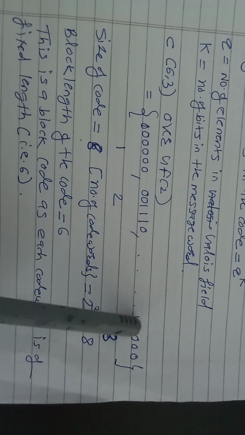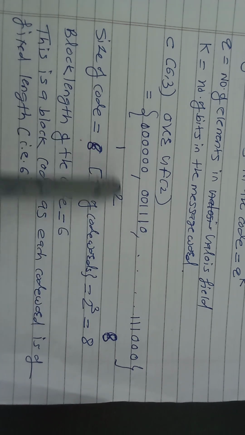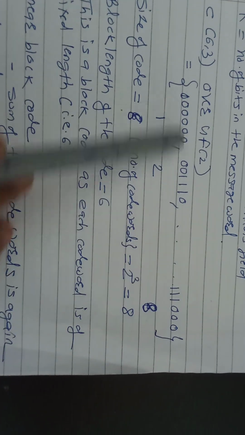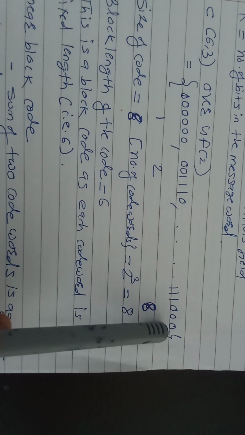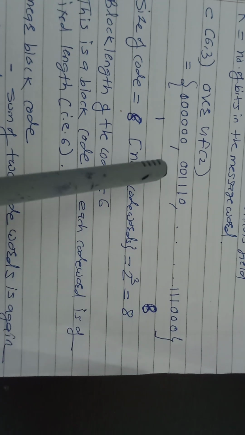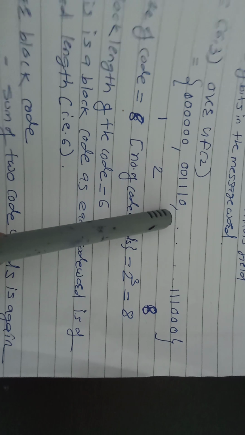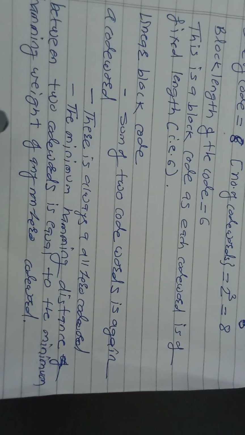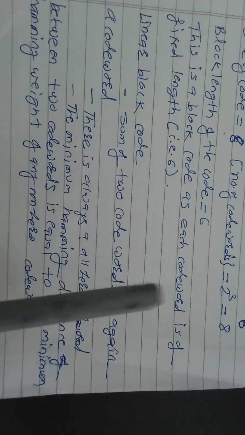If you add this and this, the result will again be amongst these 1 to 8 code words. Then third is minimum Hamming weight. The minimum Hamming weight of the non-zero code words is equal to the minimum Hamming distance of the code.